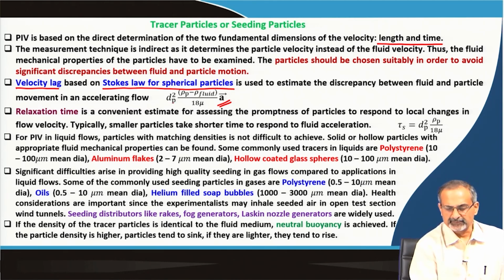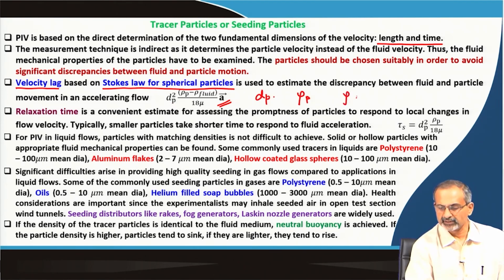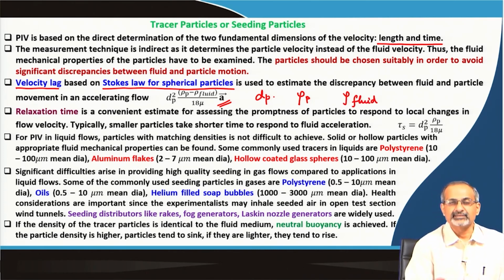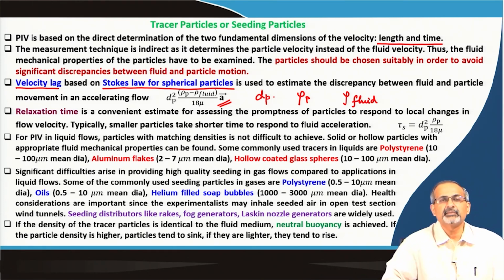So, dP is the particle diameter, rho p is the particle density, rho fluid of course is the fluid in which the particle is laden, mu is of course the coefficient of viscosity.